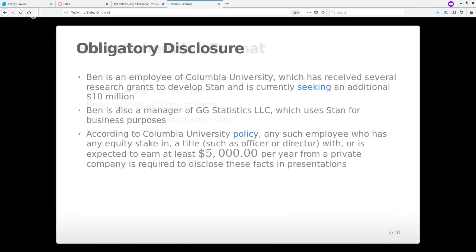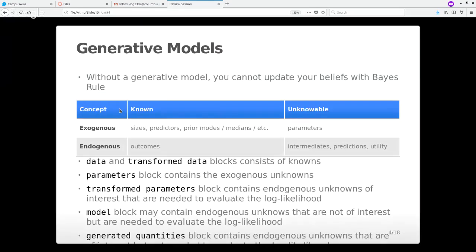Anyway, so I was talking about the last box here, endogenous unknowables, that we would know them if we knew the exogenous unknowns. So these are usually known functions of the exogenous unknowns. But if we had proposals for those, if we had a distribution of those, we could evaluate.